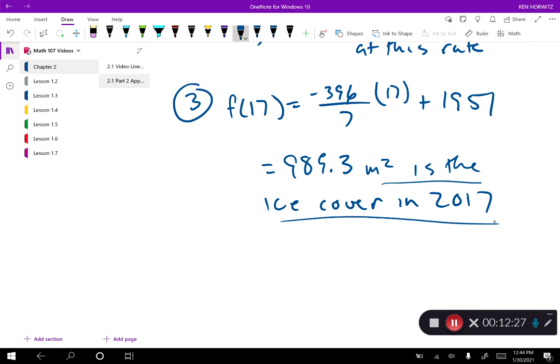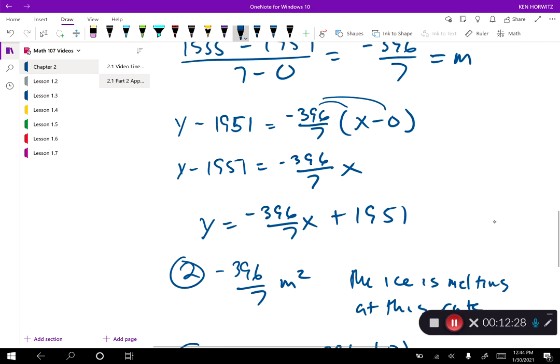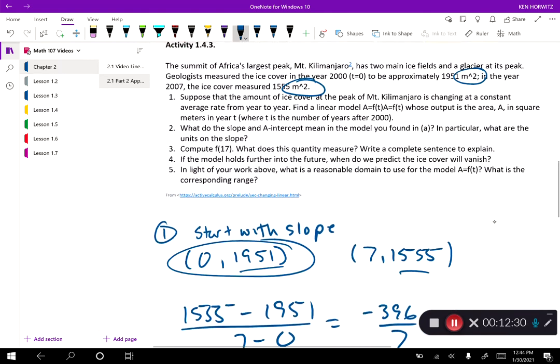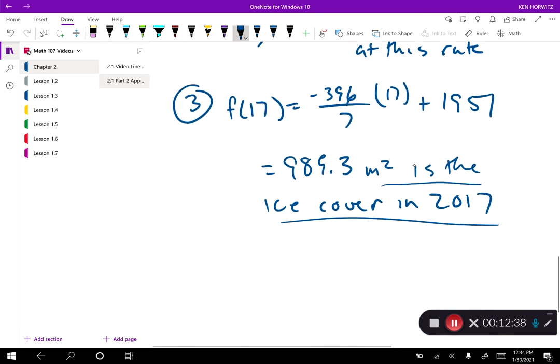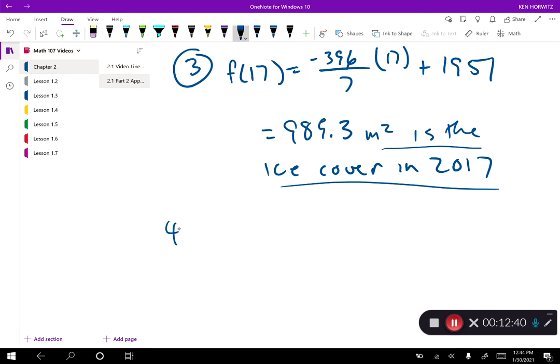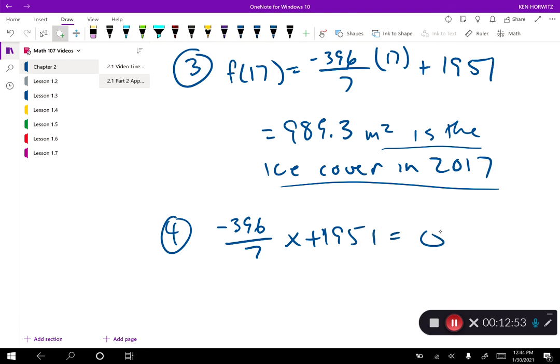All right. So let's take a look at the next one. If this model holds further in the future, when do we predict the ice cover will vanish? Well, if the ice cover is going to vanish, that means our equation, negative 396 divided by 7x plus 1951, is going to equal 0 at some point.